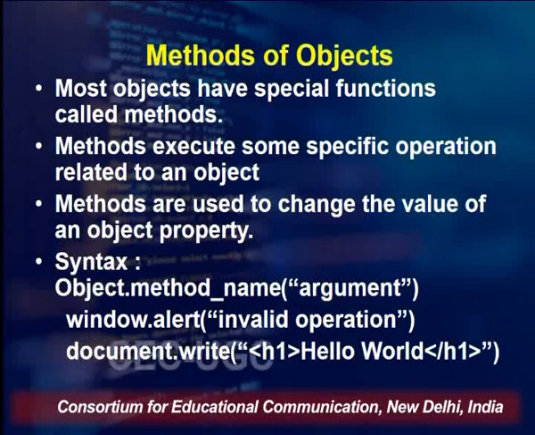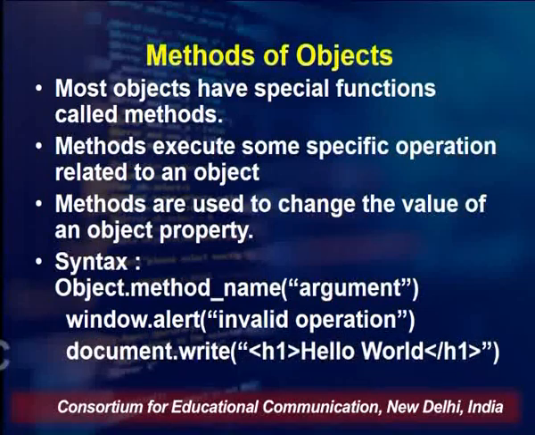The document object has another method called the write method. In the write method you will of course specify within the parentheses the arguments, or what you want to write on the document. So this is the syntax that you follow: object name dot method name, or object name dot property name.